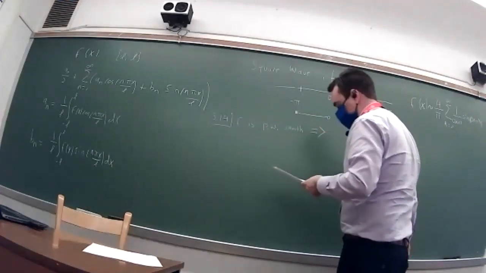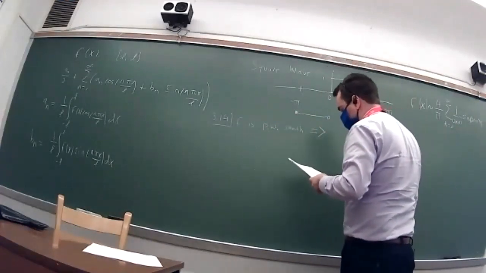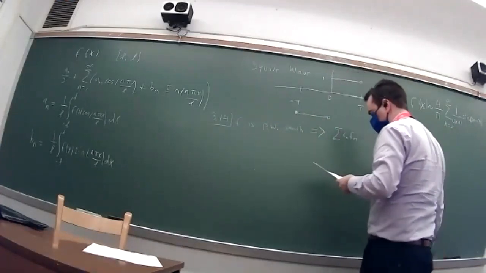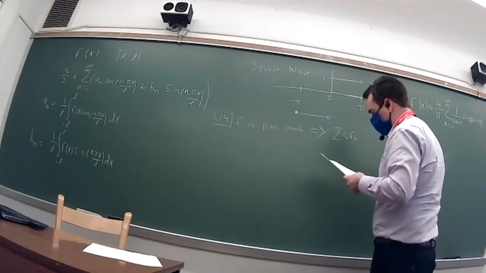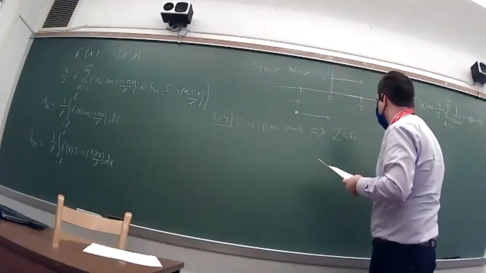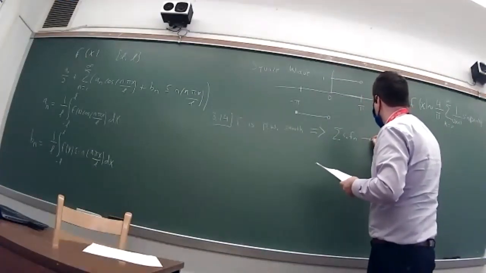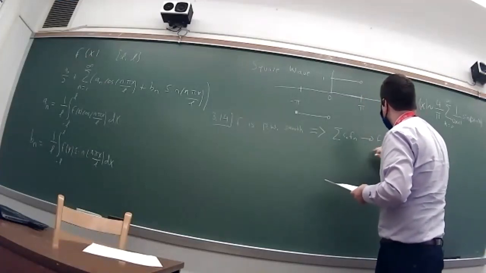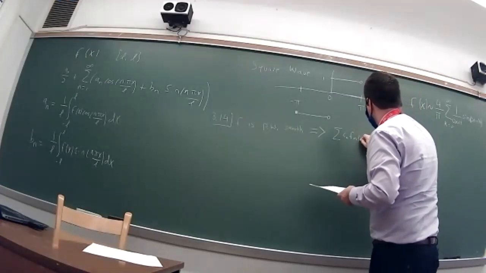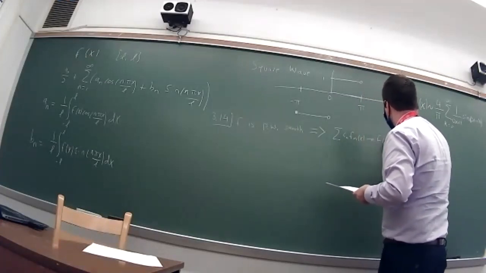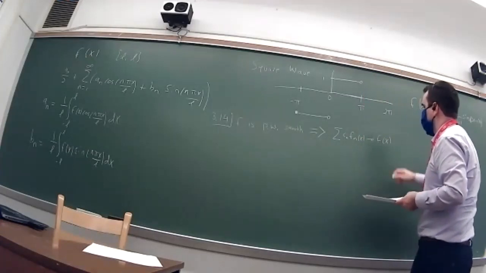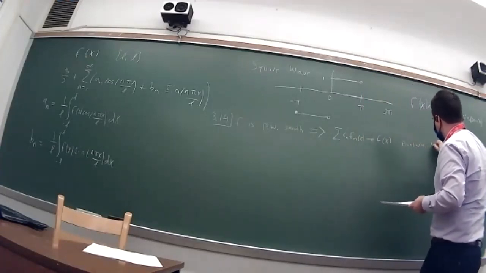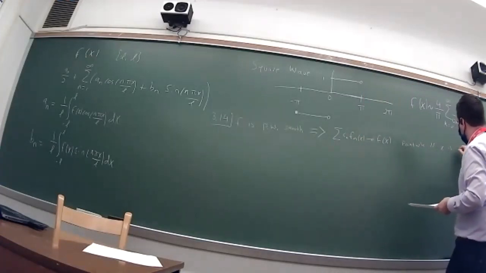Then this is going to imply that the Fourier series converges to f pointwise if x is a smooth point.